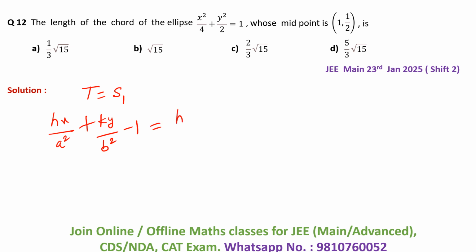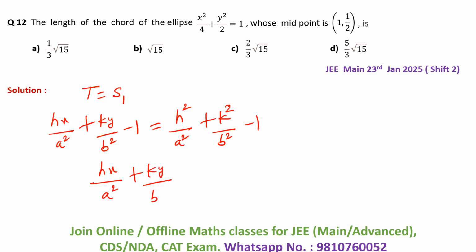And S1 refers to the value h square upon a square plus k square upon b square minus 1. Right? So this means the equation gets simplified to hx upon a square plus ky upon b square equal to h square upon a square plus k square upon b square.